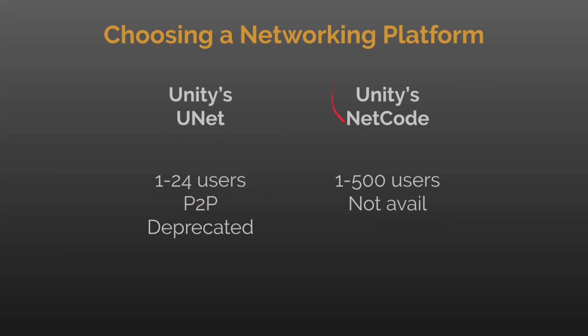So they've been working for the last couple of years on a new thing called their netcode, and you can get up to like 500 users, but it's not available yet. They've been talking about it for quite a while. So it's not going to be a solution that we could use. And 500 users also is not the kind of numbers that we're looking for. We're looking for millions of users.